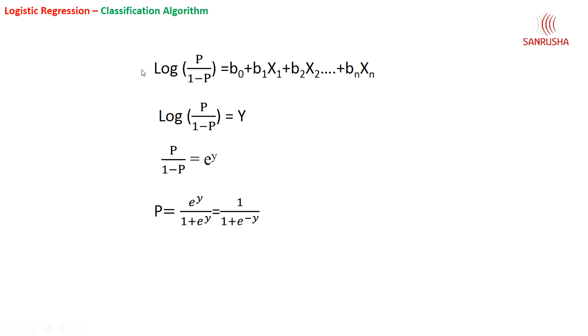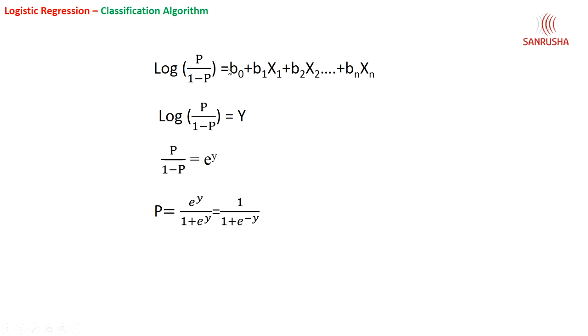So the formula is changed. Now y is replaced with log of p by 1 minus p. That means log of p by 1 minus p, where p is a probability, is equal to y. And if I further expand it, then I come up with this formula: probability p is equal to 1 by 1 plus e raised to minus y.